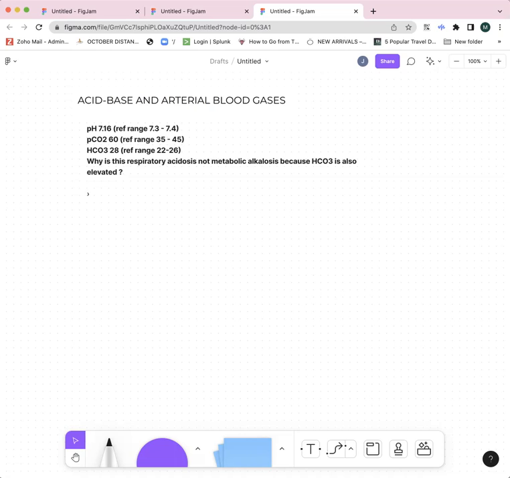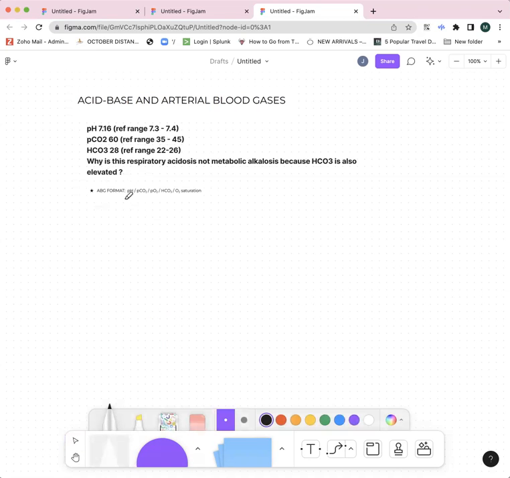So, in this question, there are a few things we actually need to know. First of all, this is a straightforward question, but in the exam, sometimes you may not be given such a straightforward question. You may just be given some values in the labs, and then you're required to figure out which one is the pH, the PCO2, the oxygen, the bicarbonate, and the oxygen saturation.